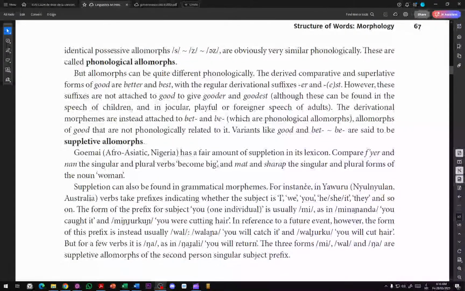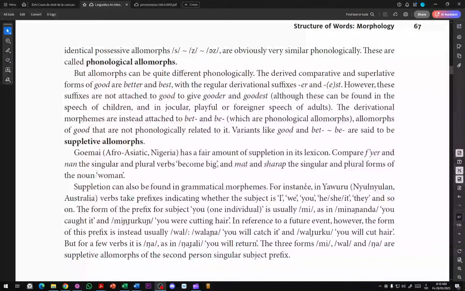The derived comparative and superlative forms of good are better and best, with the regular derivational suffixes -er and -est. However, these suffixes are not attached to good to give gooder and goodest, although these can be found in the speech of children and in jocular, playful, or foreigner speech of adults.